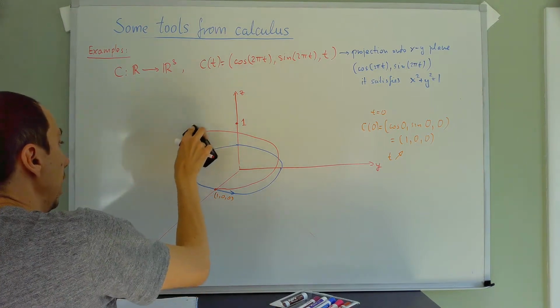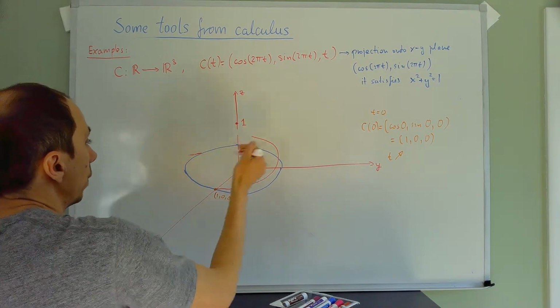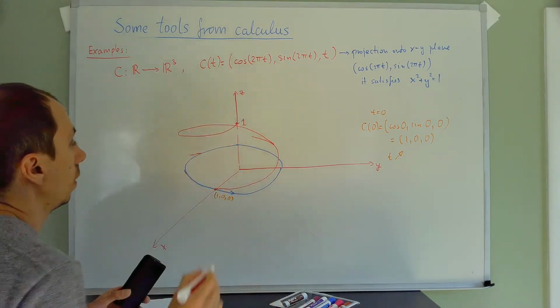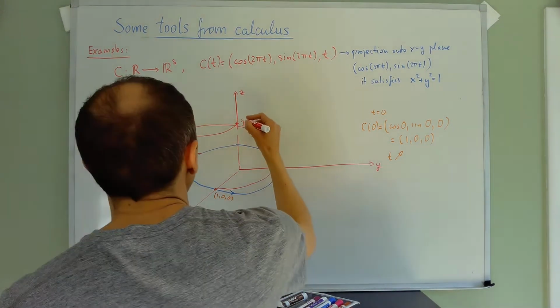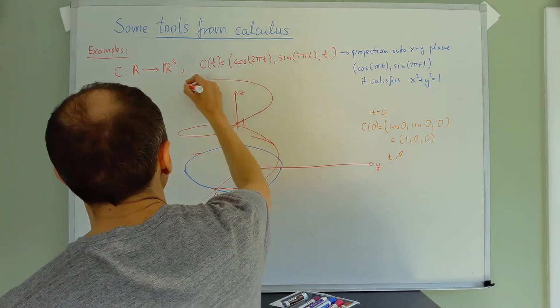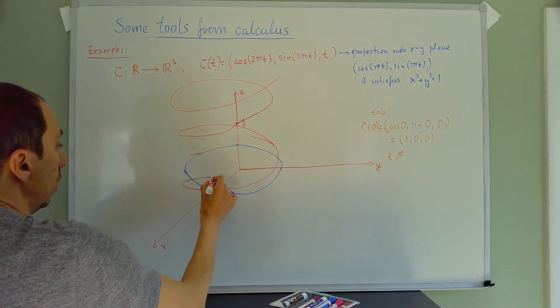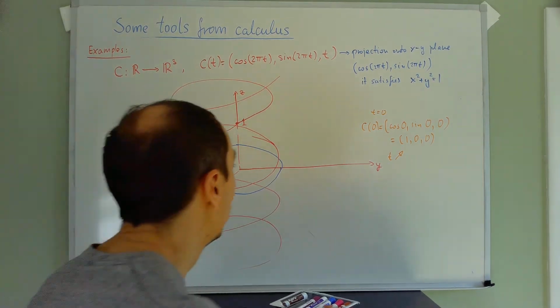As you come back, you're at height 1 and continue doing so. The same thing happens as you go down. So this is a spiral.